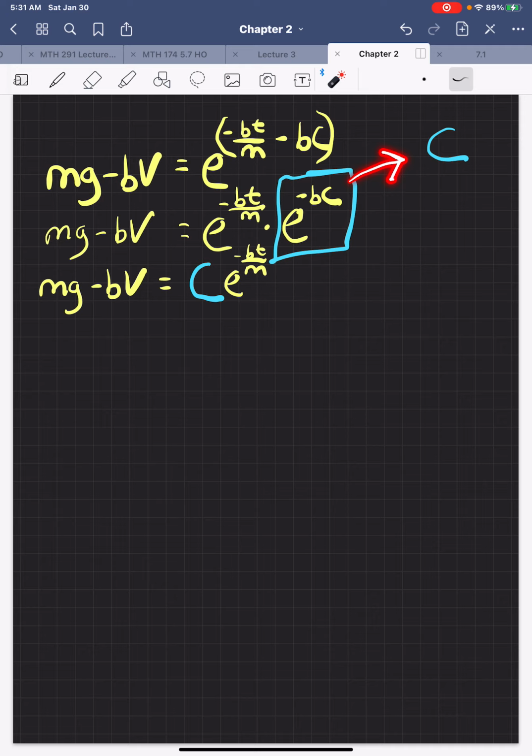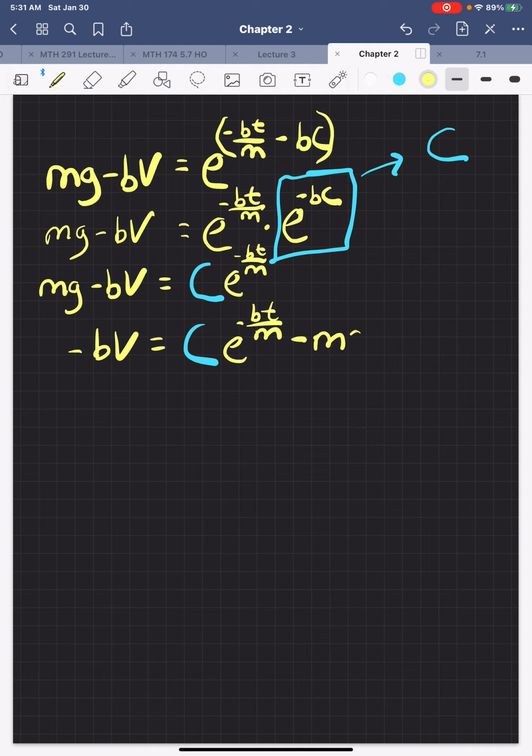Okay, at this stage, this is all algebra. We just want to get v by itself, right? So all I'm going to do is bring the mg to this side, and I'm going to divide by what's left over. So I'll do it in 2 steps, just so I don't drive anyone crazy by skipping steps, or in our case, combining steps. So let's go ahead and subtract that mg.